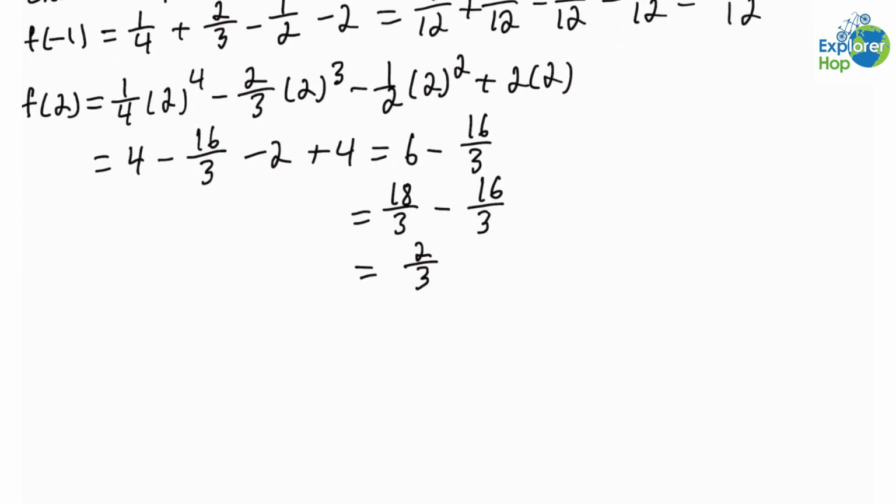Now we want to check the critical points. Let's first find the critical points. And to do this, we want to first find the derivative of f of x, then set the derivative equal to 0.